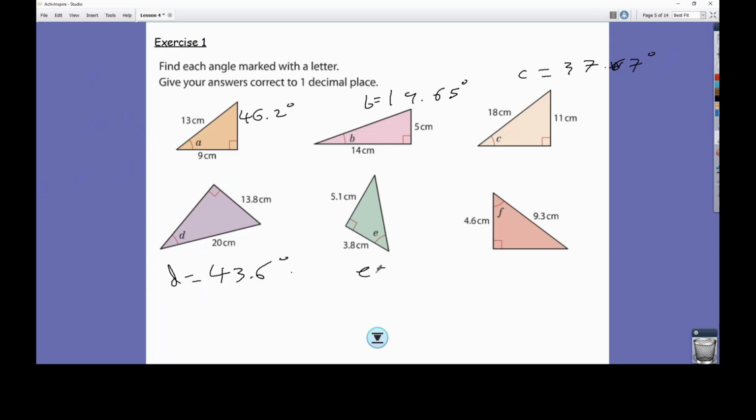You should have E being 53.31 or 53.3 degrees to 1dp. And then lastly, cos is adjacent over hypotenuse, shift cos 4.6 over 9.3. So lastly, for F, you should have 60.4 degrees.